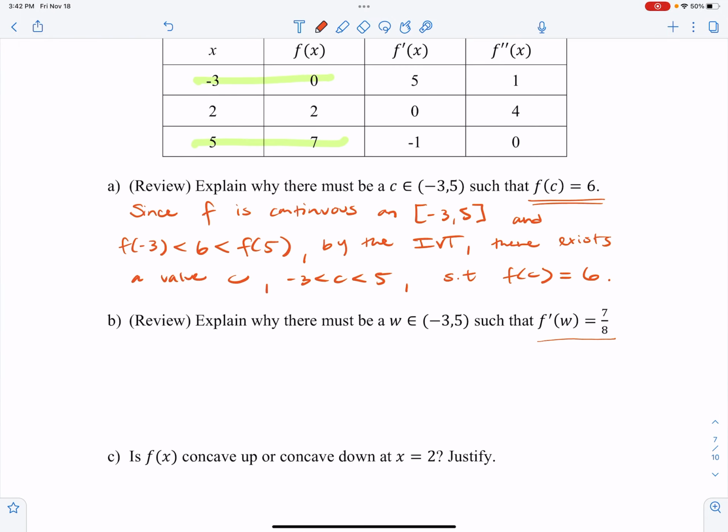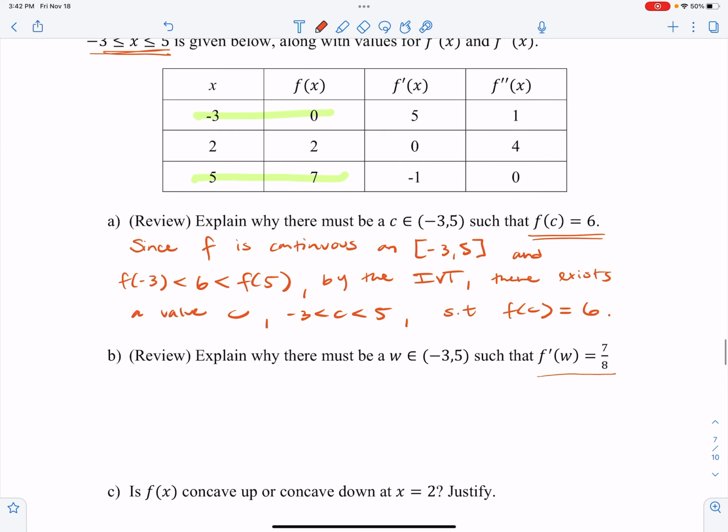So we should immediately be thinking mean value theorem. And we are given the values of f at the endpoints. Therefore, we can calculate the average rate of change over the interval from -3 to 5. But we need to set ourselves up to be able to reference mean value theorem.